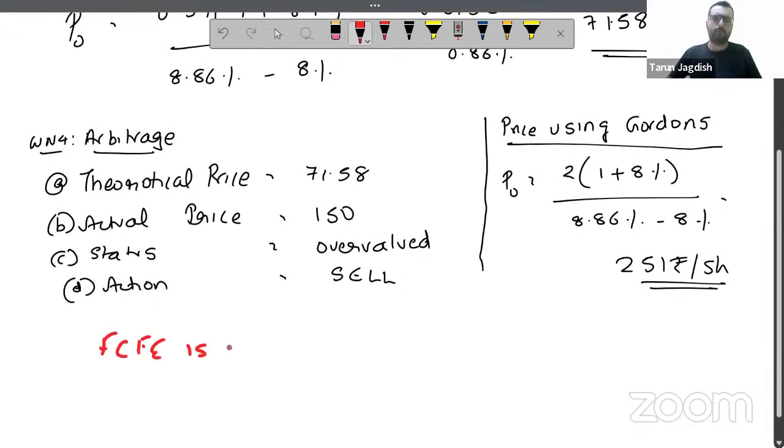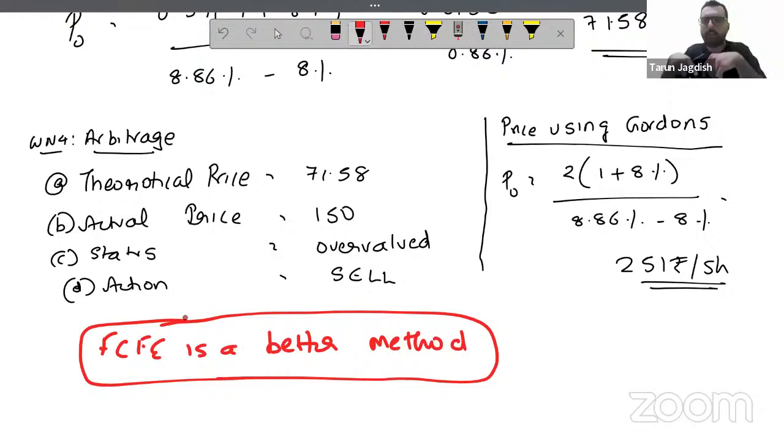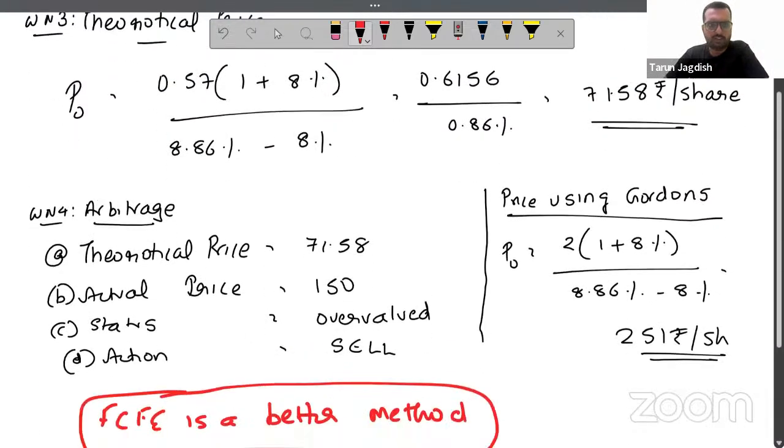Why? Because value of a business is nothing but present value of future cash flows. If the company pays the entire money by way of dividend, only then Gordon's model becomes a popular model. That's why they said that here it's 251, actual price is 150, so they took it as undervalued. But in reality, it is supposed to be overvalued. So we are done with this question also, friends.